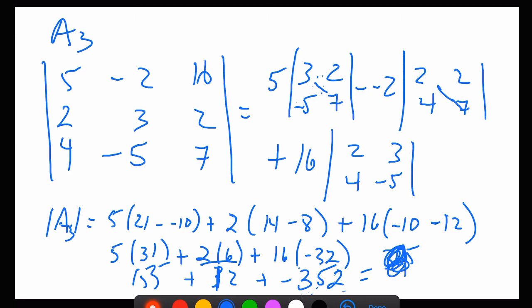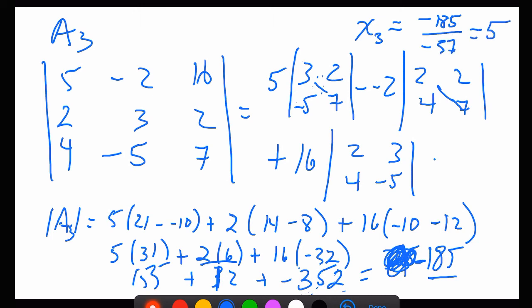And if we were sitting in class, you'd be helping me fix it. Okay? So the answer is minus 185. All right? So x3 equals minus 185 over minus 37 is 5.